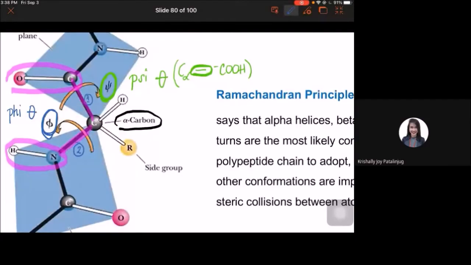The phi angle is produced upon rotation of the bond between the alpha carbon and the amino group. When this bond rotates, you form a phi angle. So I repeat, psi angle and phi angle are Ramachandran angles.